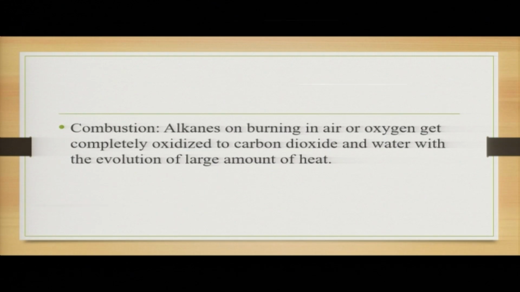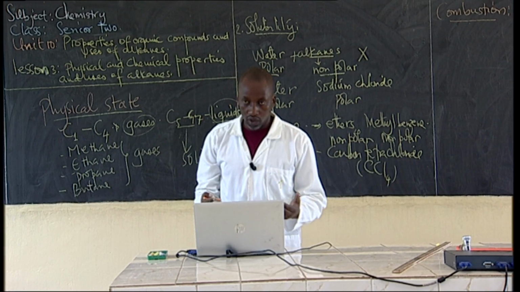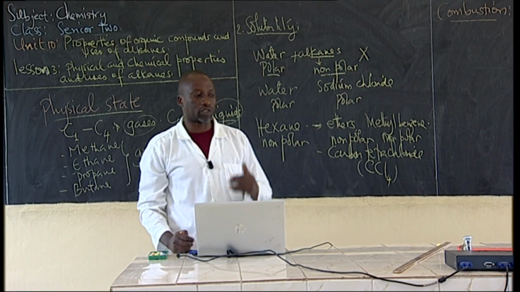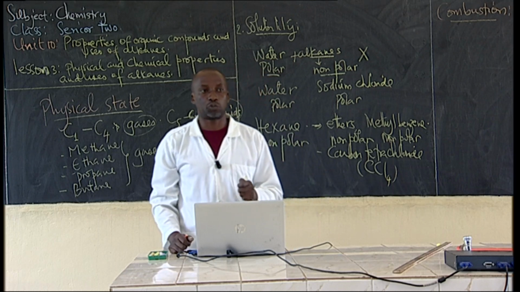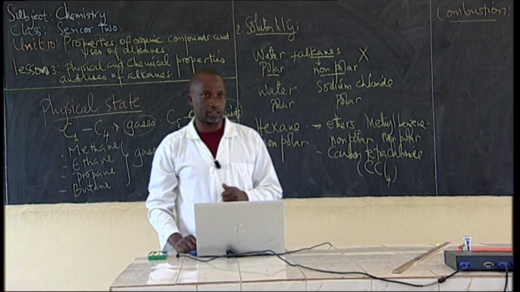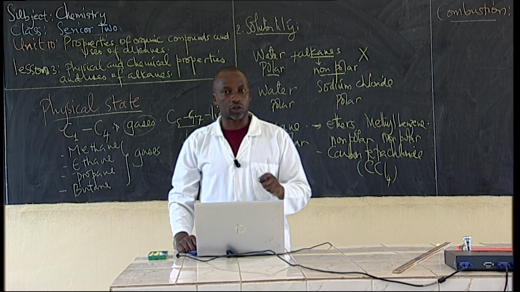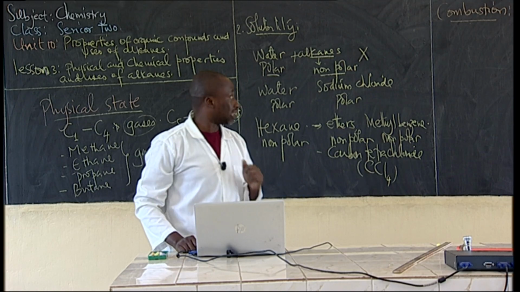Combustion is the reaction with oxygen. They can burn in air or in oxygen, either in a plentiful supply of oxygen or a limited supply of oxygen. These substances burn to produce flames and heat, and for that reason they are used as fuels.